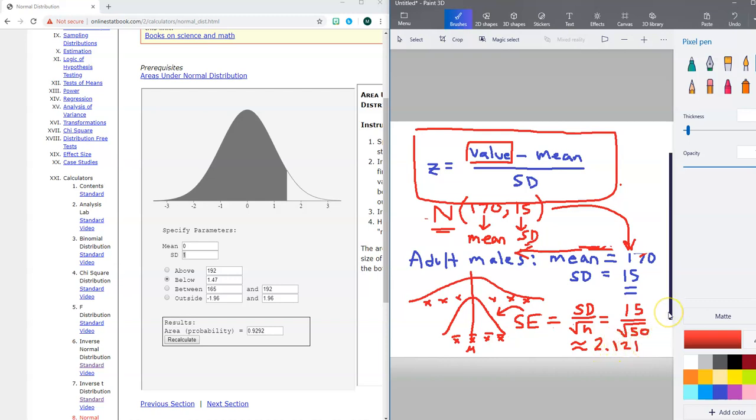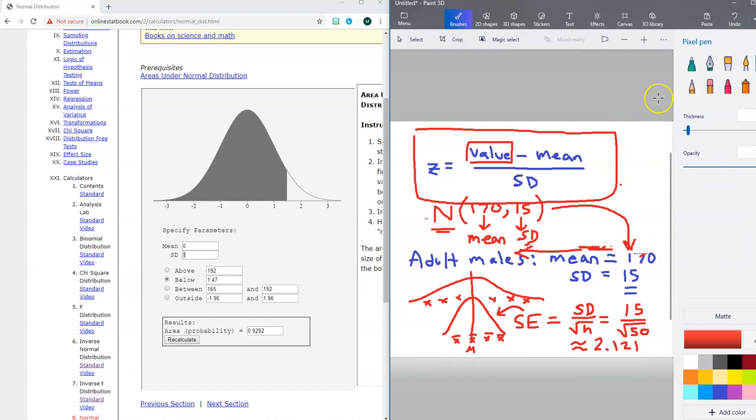So if we're talking about sample means, they are not as spread out as individual weights. Individual weights had a standard deviation of 15. Sample mean weights have a spread of standard deviation of 2.121. We call that standard error.